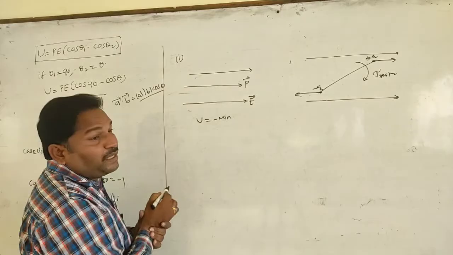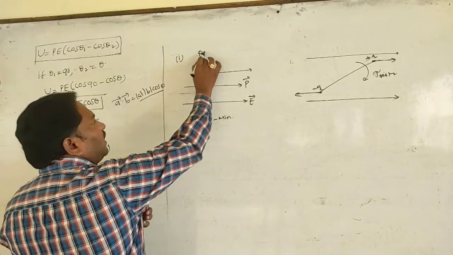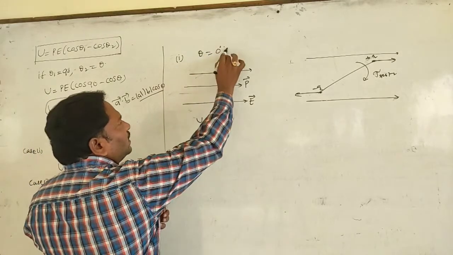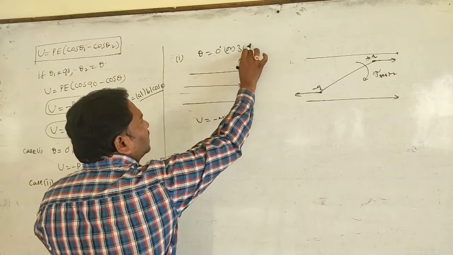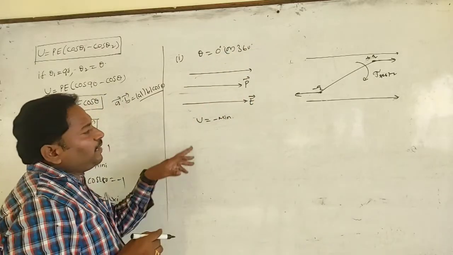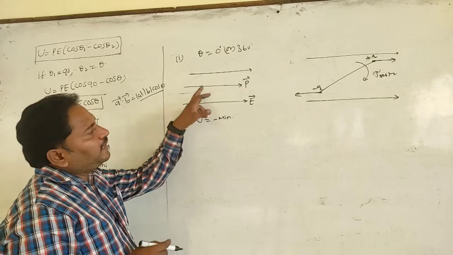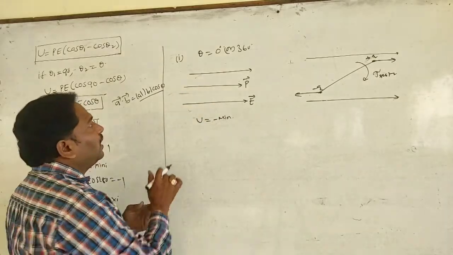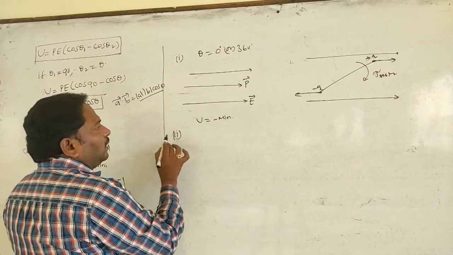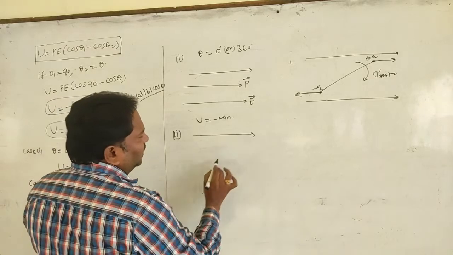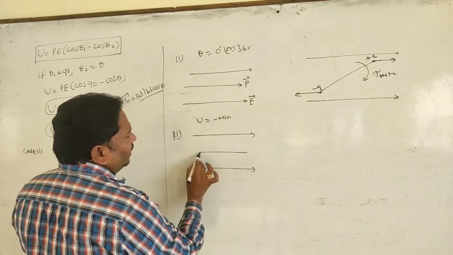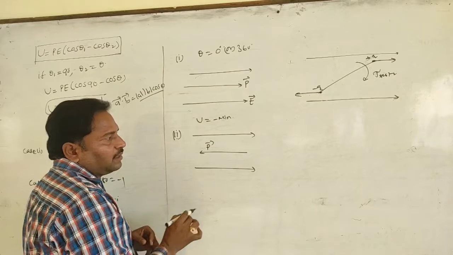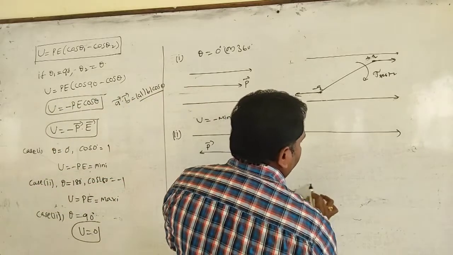So when will there be stable equilibrium? At theta equal to 0 degrees or 360 degrees, the potential energy is minimum and it is in stable equilibrium. Next, the electric field is in this direction and the dipole moment in the opposite direction.